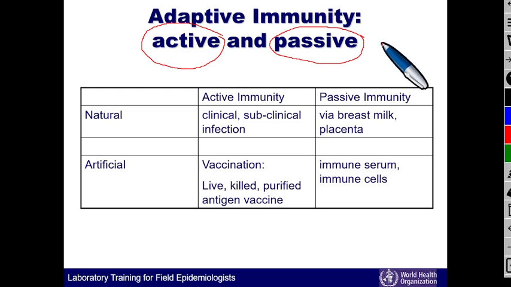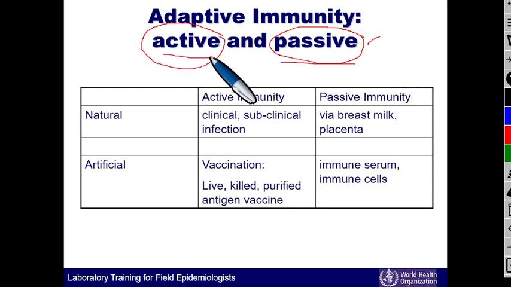Suppose human beings receive an immune substance like sera, which contains antibody. That antibody is produced in a horse's body or monkey's body or any other body, and then the antibody enters into the recipient.